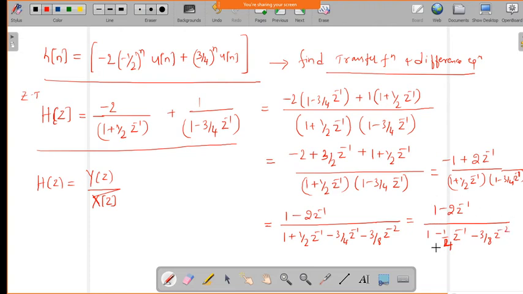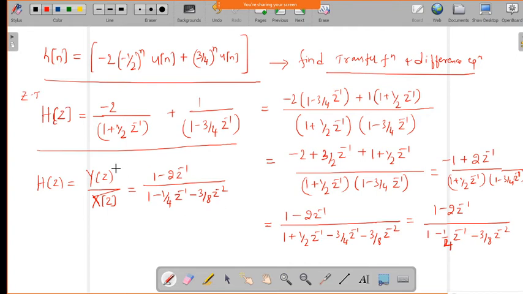So now we have the final simplified form, given by this transfer function ratio, that is 1 minus 2 z inverse divided by 1 minus 1 by 4 z inverse minus 3 by 8 z power minus 2.